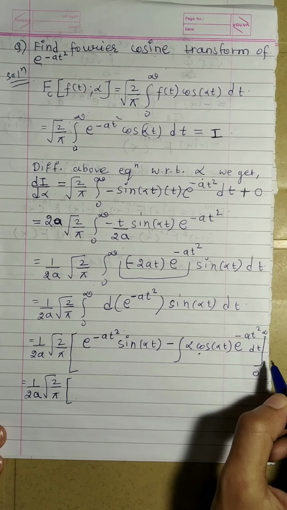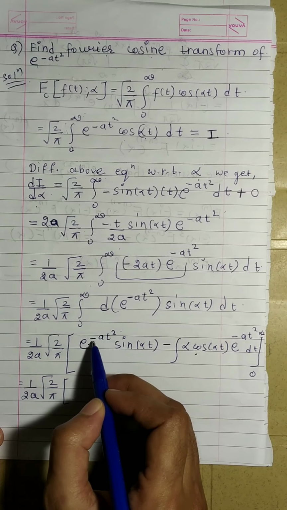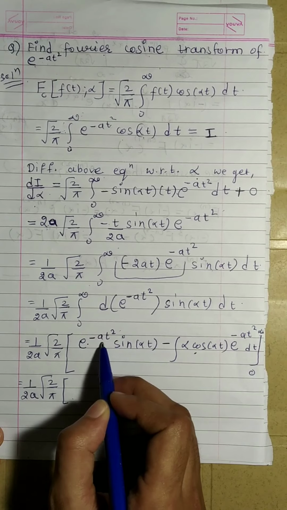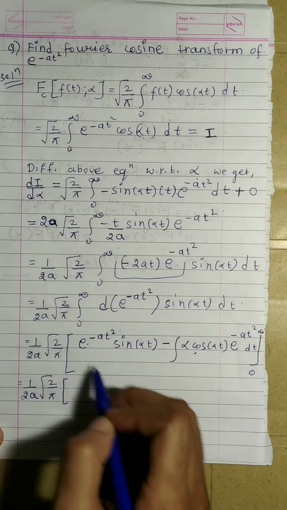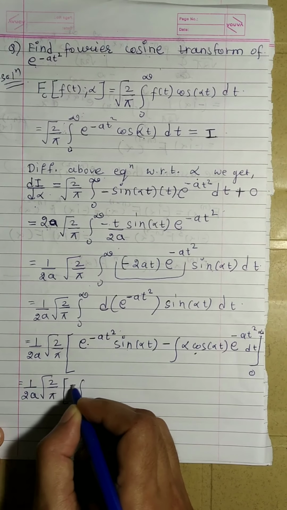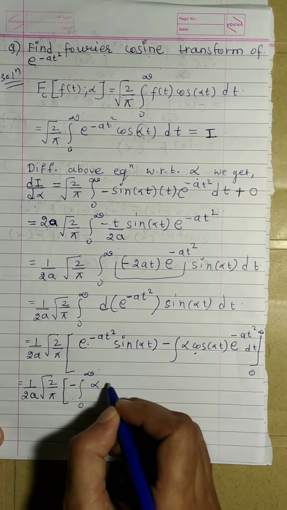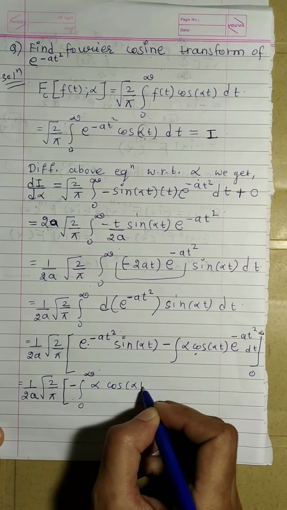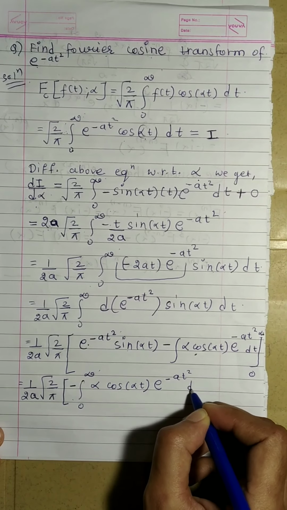The limits are from 0 to infinity. Clearly with infinity this will go to 0, and for 0, sine of 0 is 0, so this will go to 0. We will be left with minus integral 0 to infinity alpha cos of alpha t e raised to minus a t square dt.